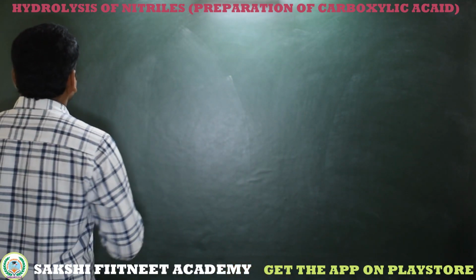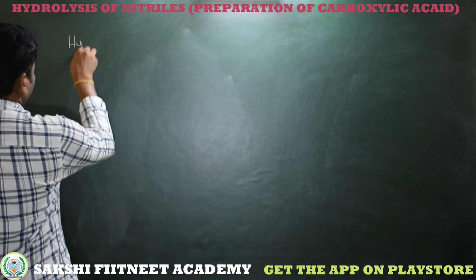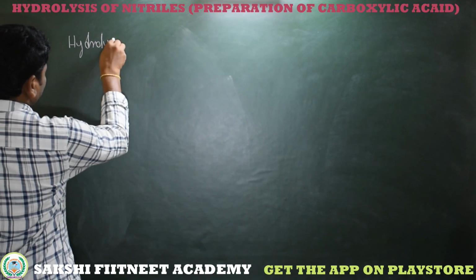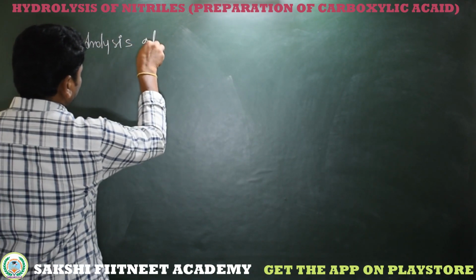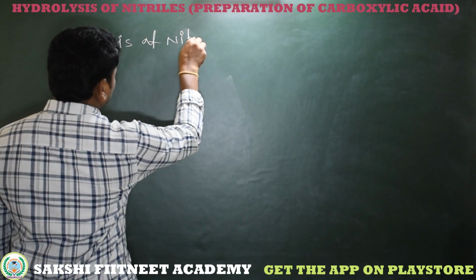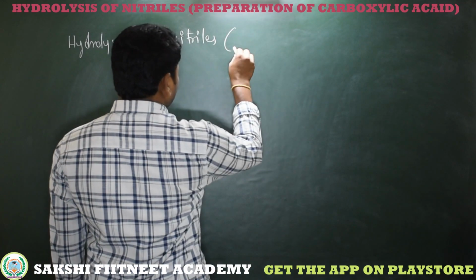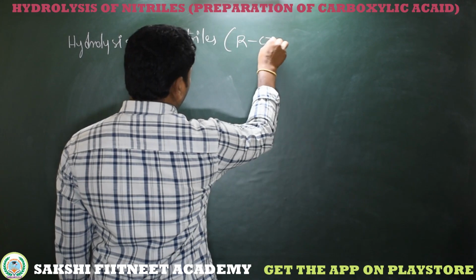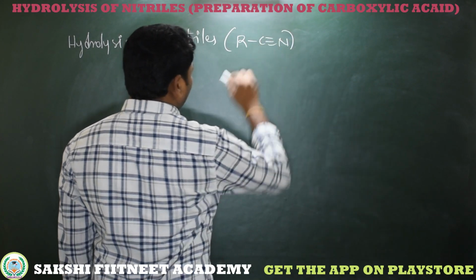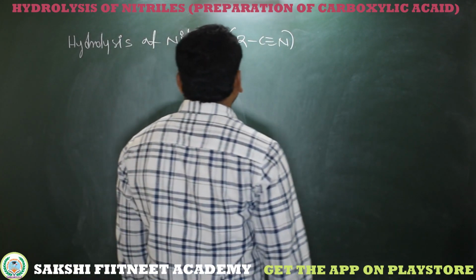So here I am taking the hydrolysis of nitriles. What is the general formula of nitrile? That is RC triple bond N. This is called a nitrile.